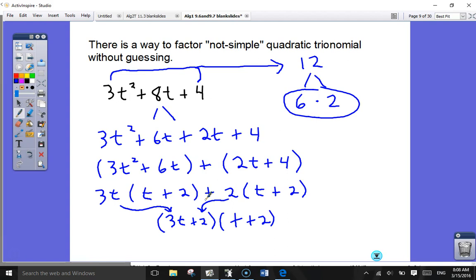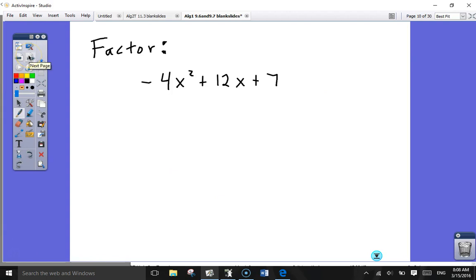Let me see if I got another one in here. Okay, now what makes this one just a little bit different? The leading coefficient is negative, right? Now, you could factor this, I could come up with something that looks like parentheses negative 2x times parentheses positive 2x.